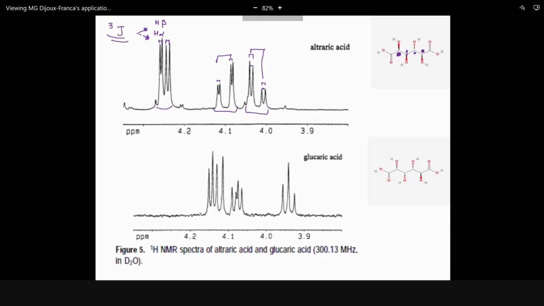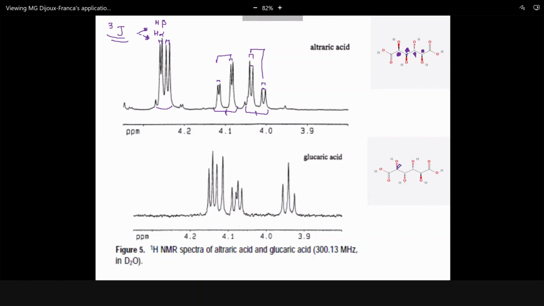And the other two protons, let's say the triangle, if I can draw like that. Each of them is coupled to one and a second proton, so they are coupled to two protons. The orientations are different, so the coupling constant will not be the same. And then we have a doublet for each of them. And here, this molecule is quite the same. The only thing that changed is the orientation of the protons.